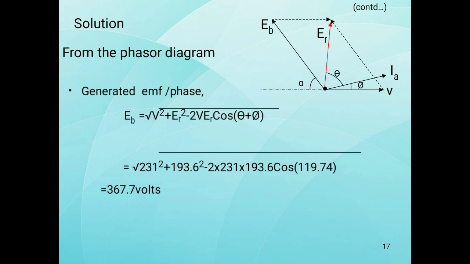So the generated EMF per phase is 367.7 volts.